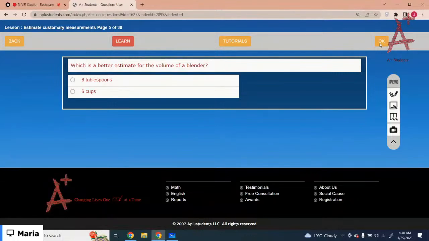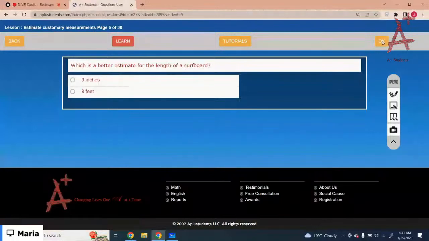It would be 6 tablespoons or 6 cups. It would be 6 cups. Got it? Because 6 tablespoons is too little. Got it?